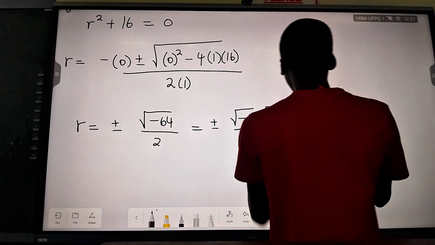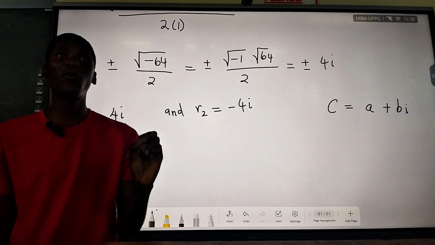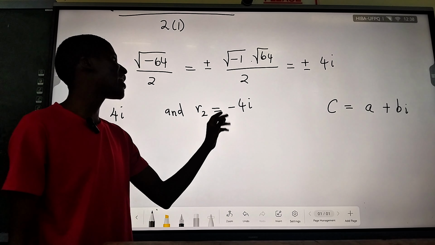So a complex number has a real part, a real number, plus a part multiplied by i, the imaginary part. Given what we have here, what is the real part of r1? 0. So lambda represents the real part of that equation.